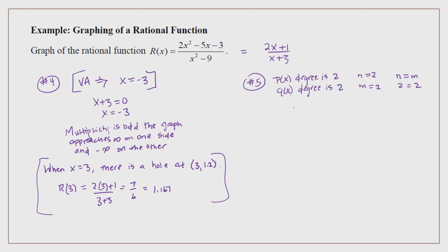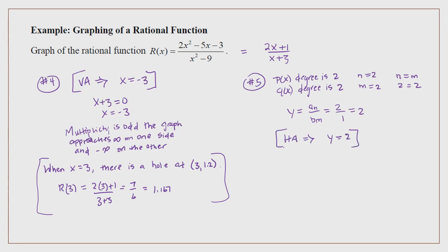So that means our graph has a horizontal asymptote, and that line is going to be the ratio of our leading coefficients. So that's going to be 2 and 1. So that's going to be 2. So our horizontal asymptote is going to be the line y equals 2, which is great.